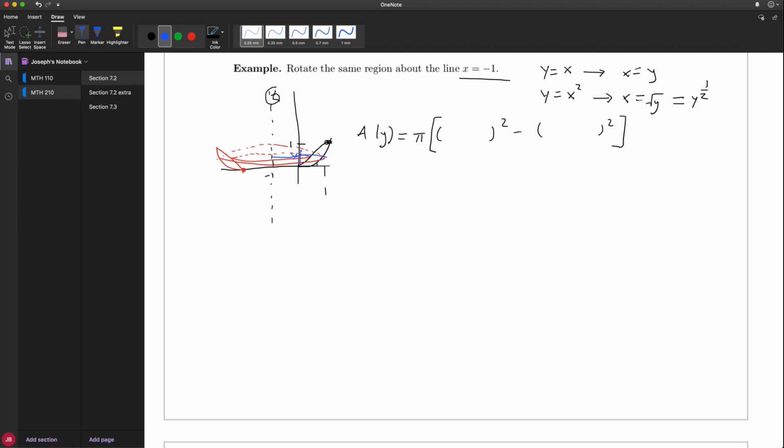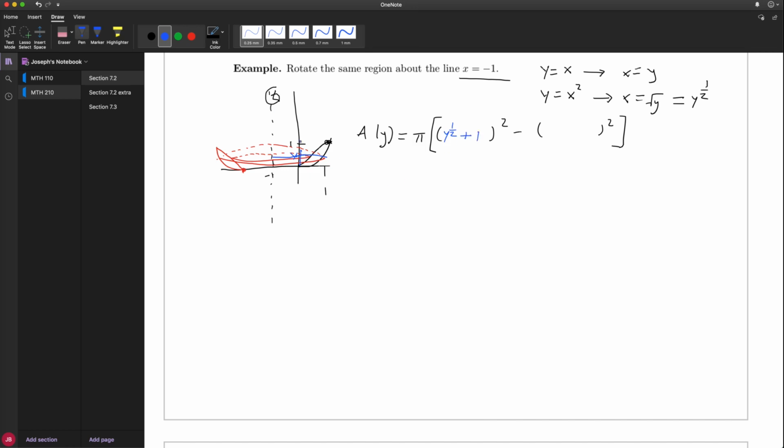That is just the function y to the 1/2, but I'm always adding 1. Notice I always have this buffer of 1 unit here. So this outer radius will be y to the 1/2 plus that persistent buffer of 1.